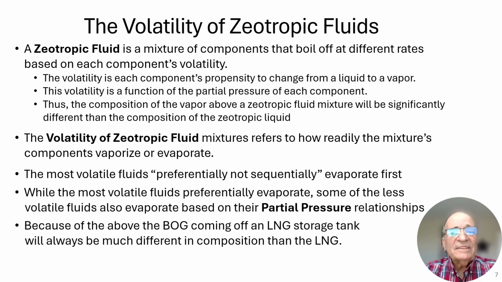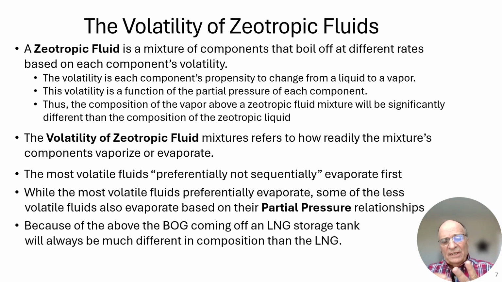Next, we will talk about zeotropic fluids and the volatility of zeotropic fluids. Zeotropic fluids are fluids that, when mixed together, have different boiling points. Now, they do not boil off sequentially, but they boil off preferentially, which means that, let's say I had a mixture of 1/3 methane, 1/3 ethane, 1/3 propane.